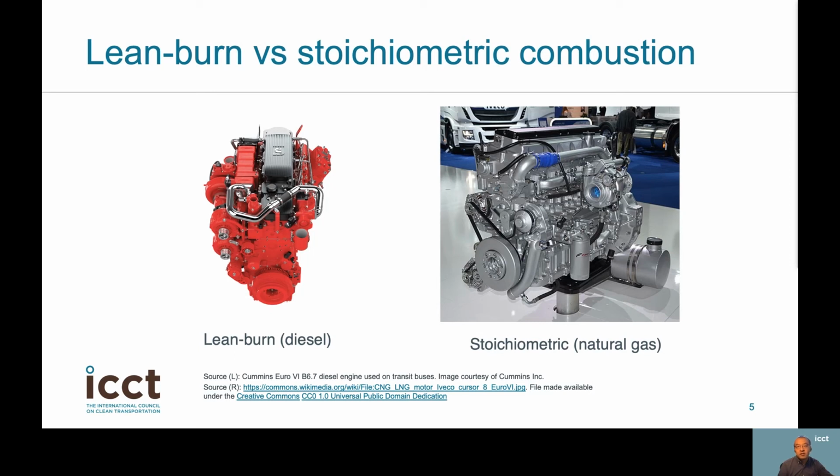Compression ignition diesel engines do have higher brake thermal efficiency, and the advantage of that is lower fuel consumption and GHG emissions. Conversely, compression ignition engines produce higher emissions of pollutants like PM, HC, and CO due to air and fuel mixing challenges and incomplete combustion.